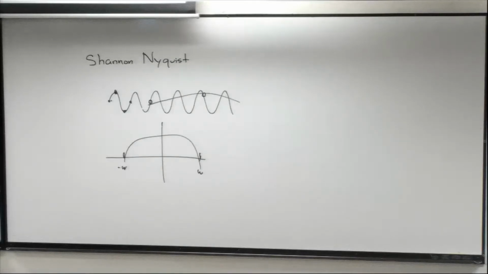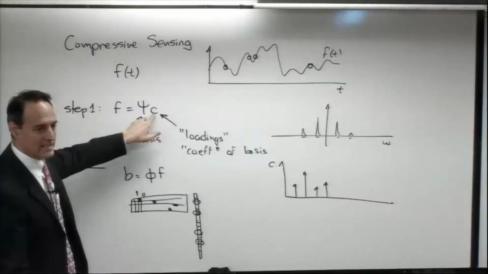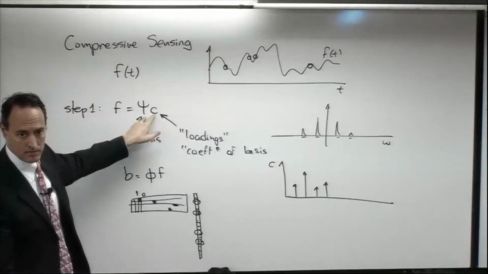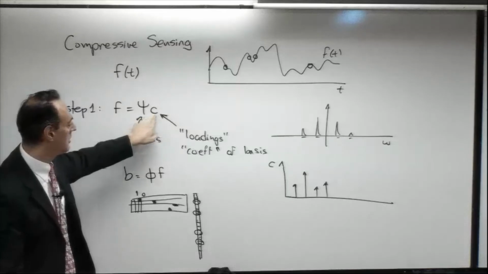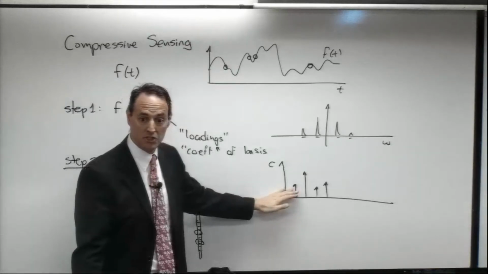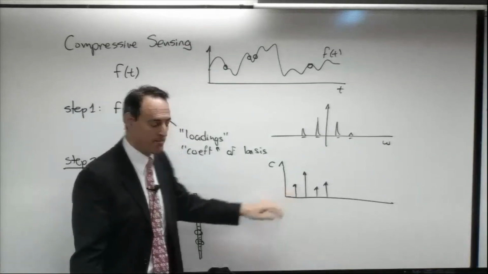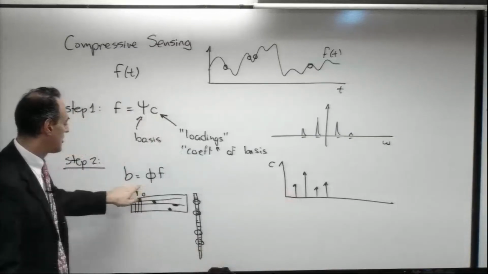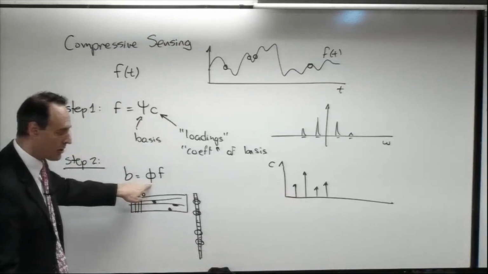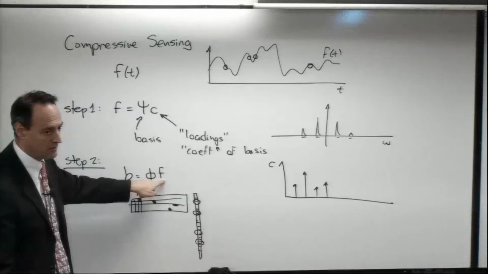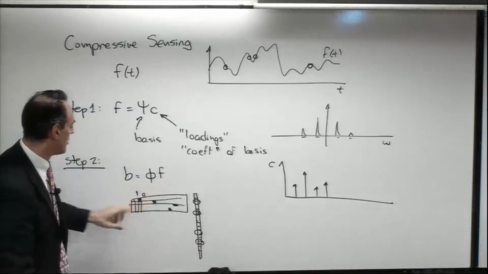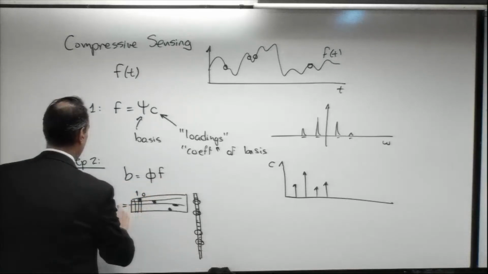So I made two assumptions. Step one, my signal has a basis in which it's compressible. So this C vector is sparse, mostly zeros. There's a sampling matrix times the function, which gives me a small vector.